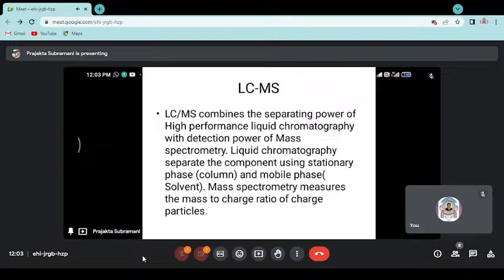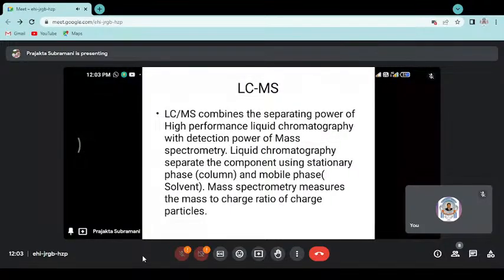Liquid chromatography separates the components using a stationary phase and a mobile phase, following adsorption, with a solid stationary phase and a liquid mobile phase. Then mass spectrometry measures the mass to charge ratio of the charged particles.